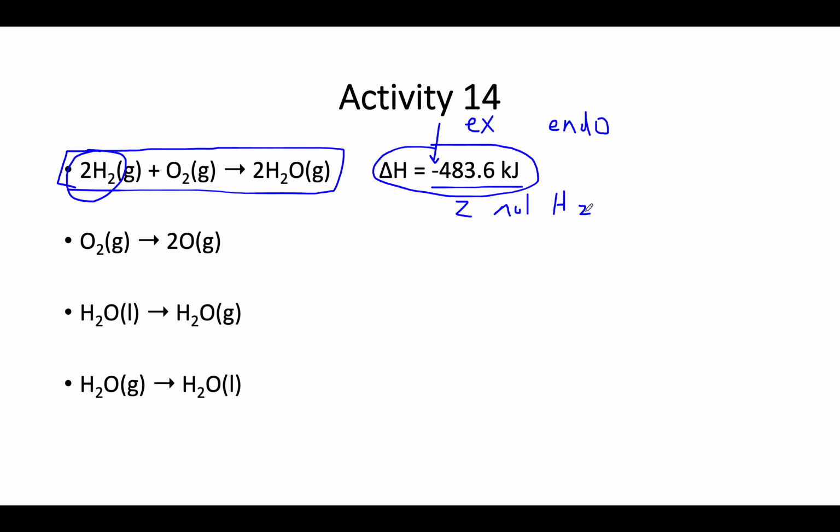It's exothermic. It's going to be even twice that. So this is used as a conversion factor if you had some other amount. Okay, so this is the key with these thermochemical equations, is then being able to write it as a conversion factor.